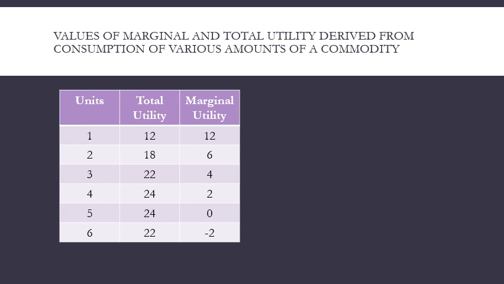So I'm going to give you some laddus. First I gave you one laddu and assume that you got 12 utility. When I gave you the first laddu, you were happy, you ate it, you got 12 utility.